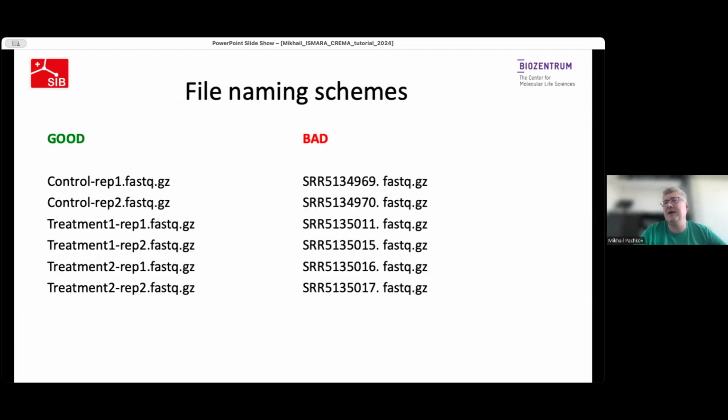Okay, and here is an example of a good naming scheme for the samples which you upload to the web server, and a bad example. In one case, we have comprehensive, relatively short names, which are self-explanatory. And on the right, we have just file names with identifiers which are unclear.